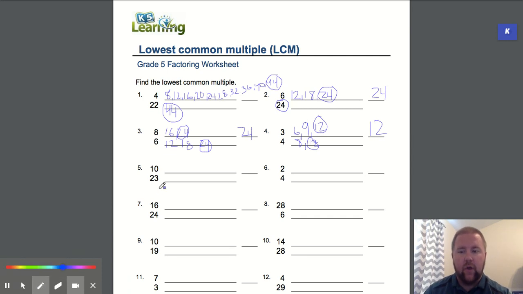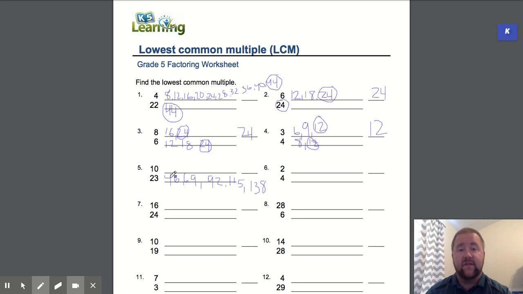Number 5 is going to be a lot trickier, right? Because we've got 2 numbers here that are so far apart. And if I start counting by 23s, I get 46, I get 69, I get 92, I get 115, I get 138, and you're going to go on for a long time.